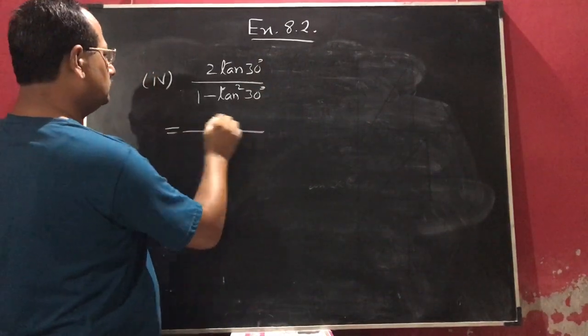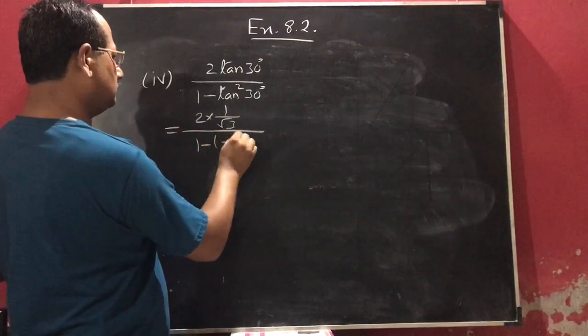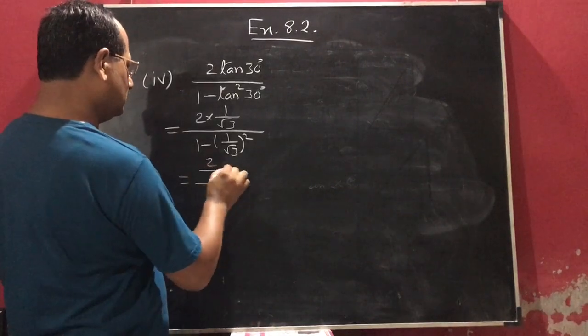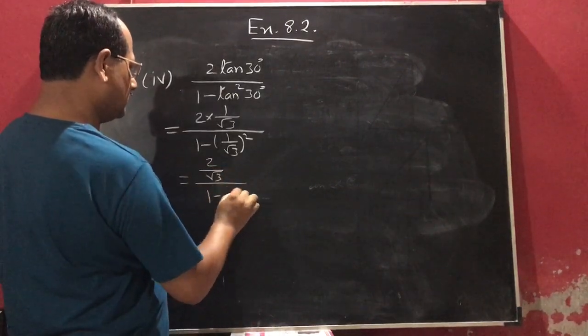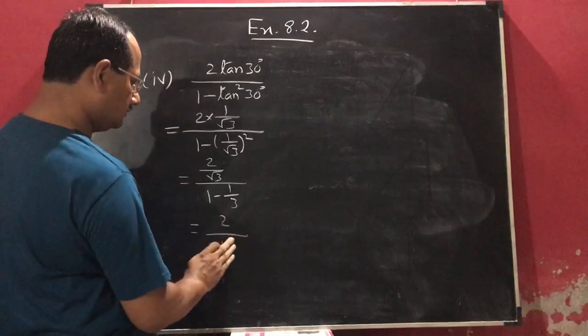Now tan 30 degree is 1 by root 3. So 2 by root 3 divided by 1 minus 1 by root 3 whole square, that is 2 by root 3 over 1 minus 1 by 3.